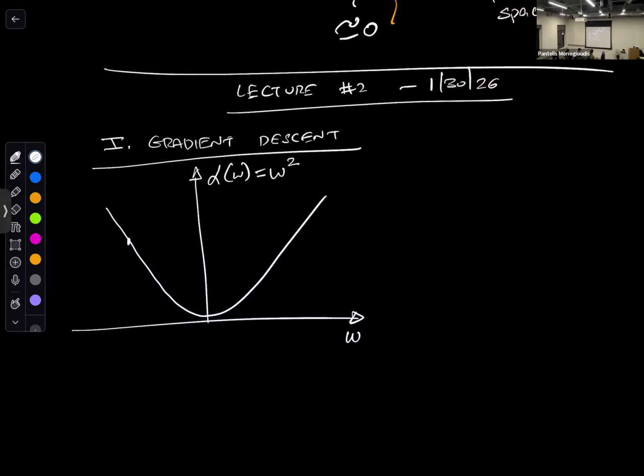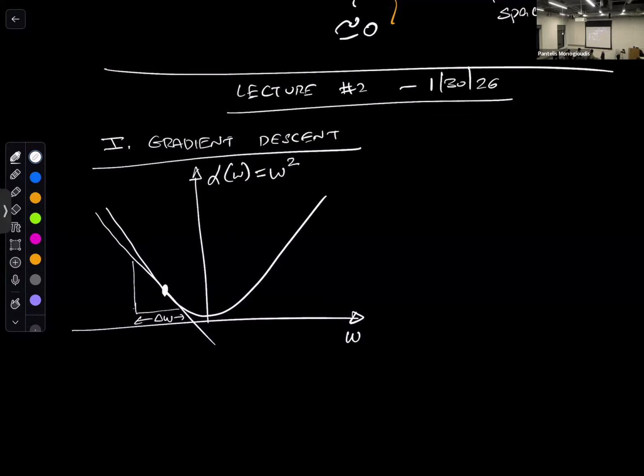Let me draw the line and then tell you about the point. The point here, right? There's a tangent at that point. Do you remember this ratio from calculus?